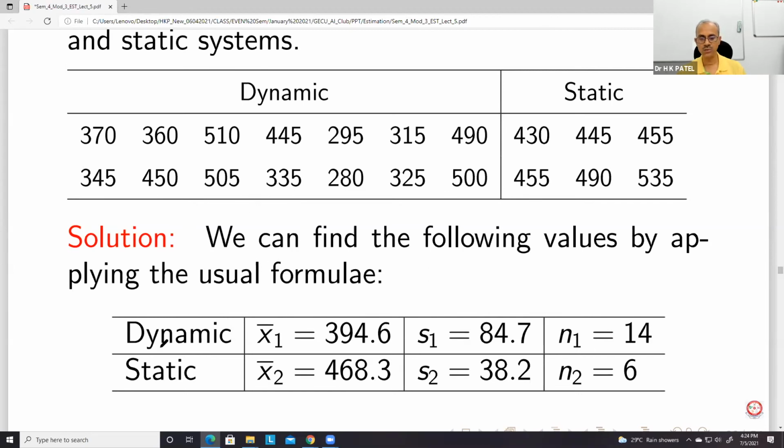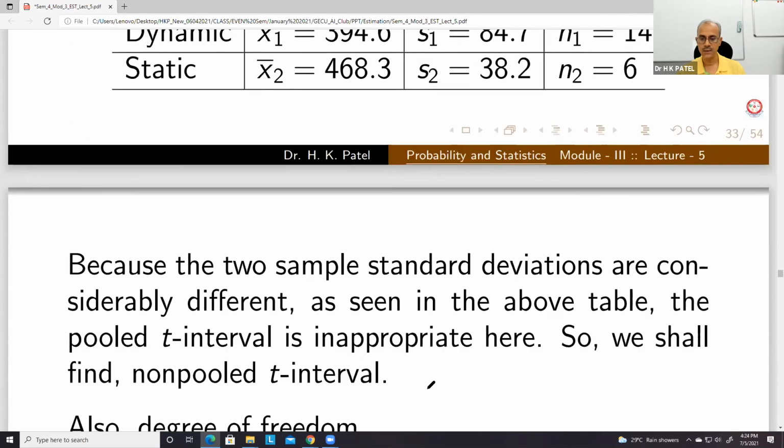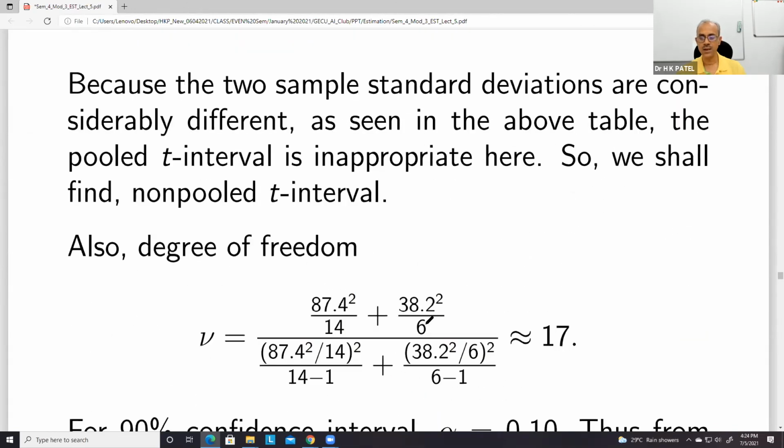These values we can find for both systems: for dynamic, we can find the mean, the standard deviation, and the number is also there. We can find all these values for the static system also. And then you have to calculate this number. This is the degree of freedom of our T distribution. So it is almost 70.